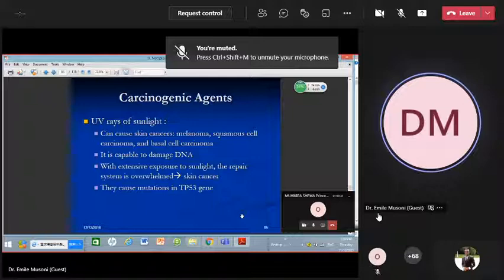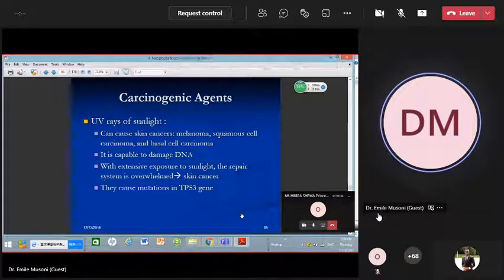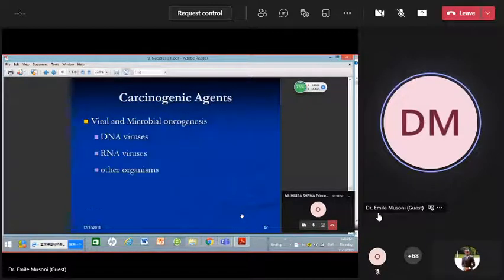With extensive exposure to sunlight, the repair system is overwhelmed, and then there will be skin cancer. In that case, they cause mutation in p53. This one is a tumor suppressor, and is also involved in apoptosis.